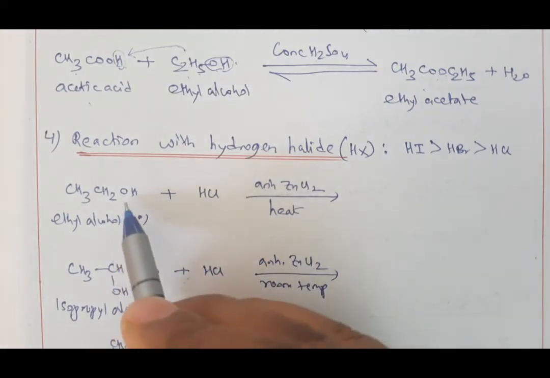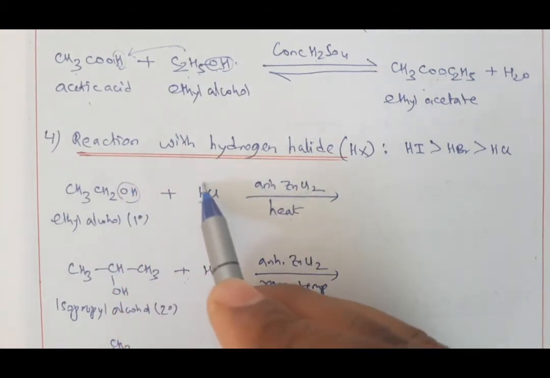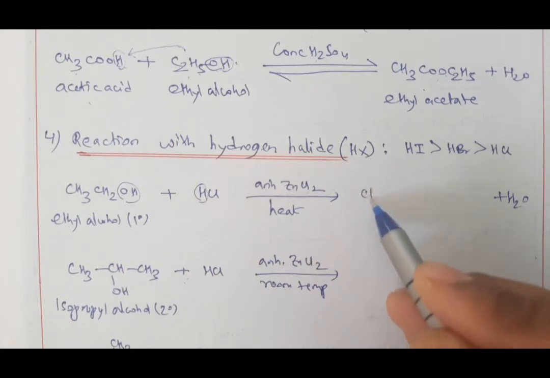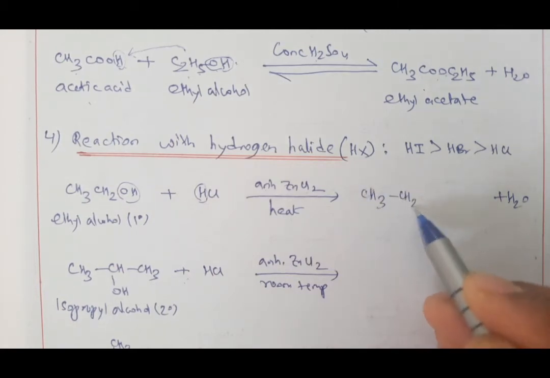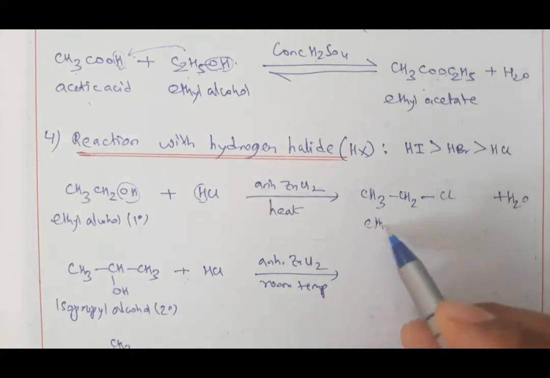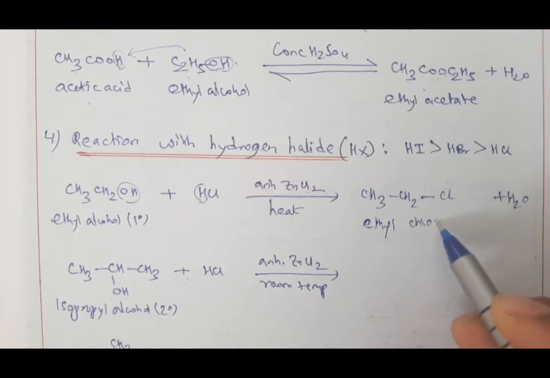When you do so, from here OH will take this H on heating, and what gets removed is water. What is left here is CH3CH2, that goes with the Cl to form ethyl chloride. So this is one reaction with hydrogen halide, taking HCl.